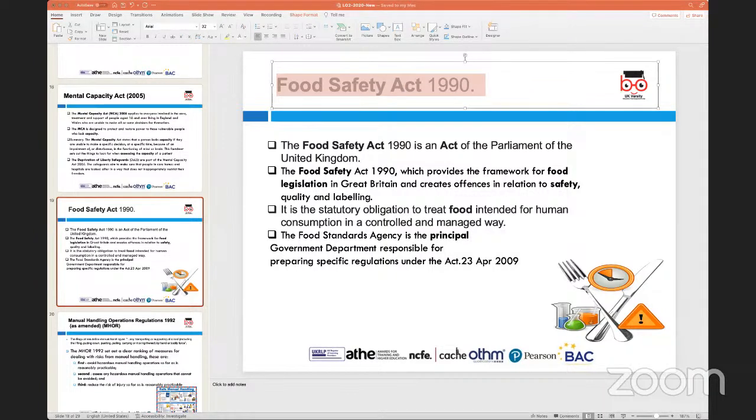And when food is served in, say, the National Health Service, or within the health and social care sector, this legislation ensures that all caterers providing services to hospitals are providing information to patients, staff, and visitors about the labeling of food, the contents of food, and if there are any specific allergens or anything that they need to be aware of.